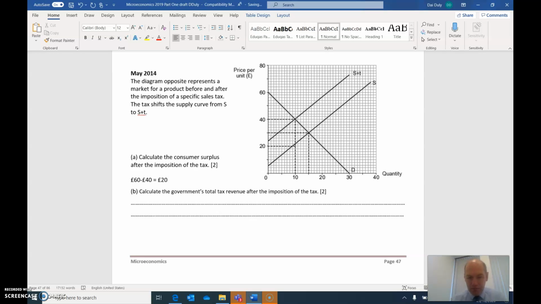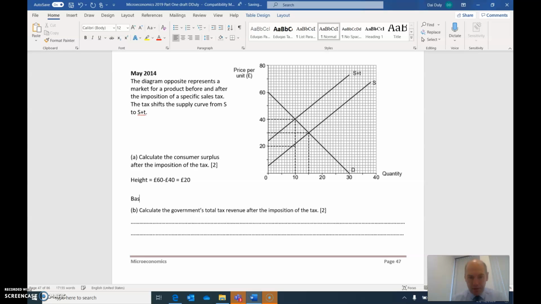Okay, multiplied by, so this is height. Let's just write that in so everyone's okay. Height is equal to £60 minus 40, which gives us 20. The base is equal to, well, there's 10 units being traded after the tax.